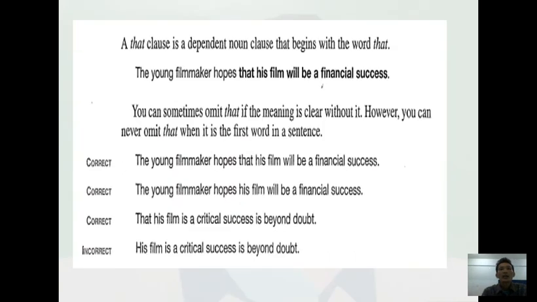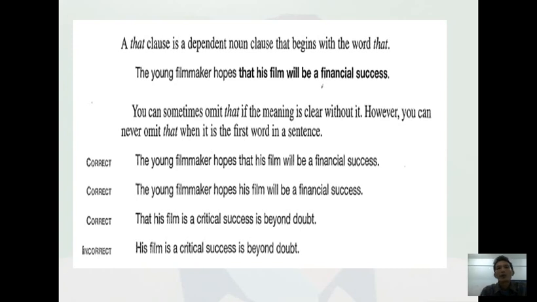A that clause is a dependent noun clause that begins with the word that. The young filmmaker hopes that his film will be a financial success. You can sometimes omit that if the meaning is clear without it. For example, when I replace the sentence, omitting the word that, it does not change the meaning or influence the meaning.